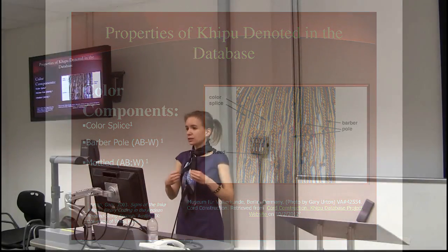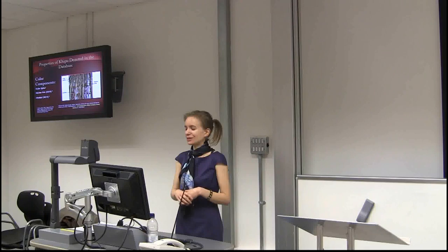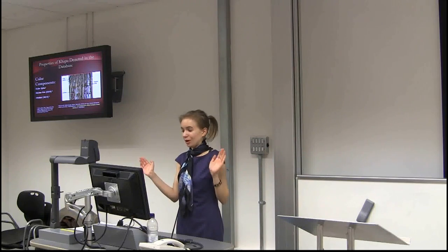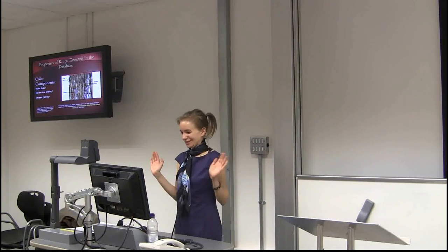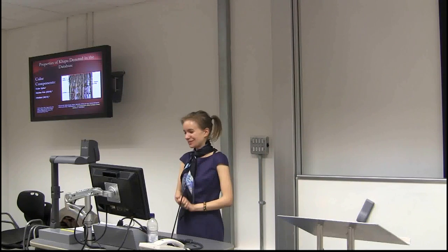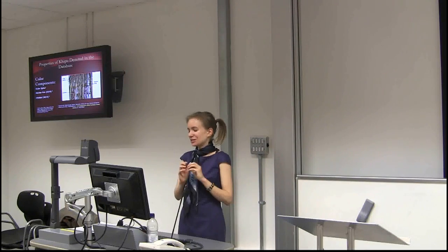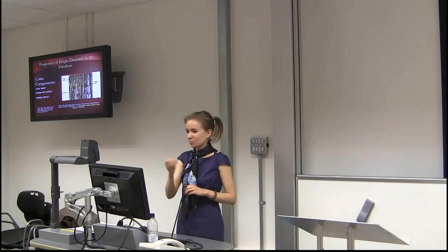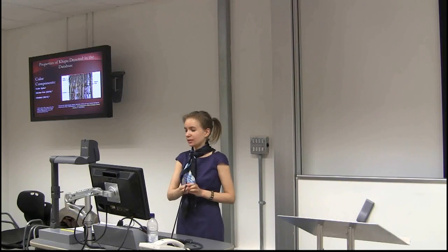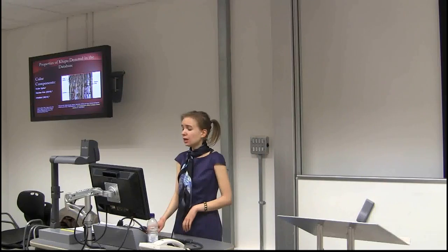So by the time the Khipu master, the Quechua word is Khipu Kamayuk, but it's super long, so I don't want to overload you with information, they would actually take a pre-prepared cord and choose the color when they wanted to encode the information.